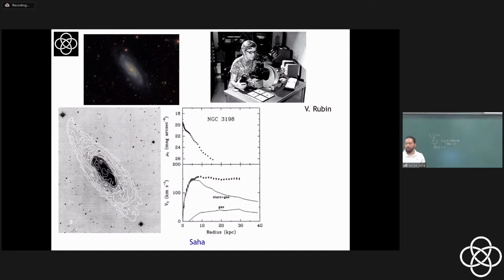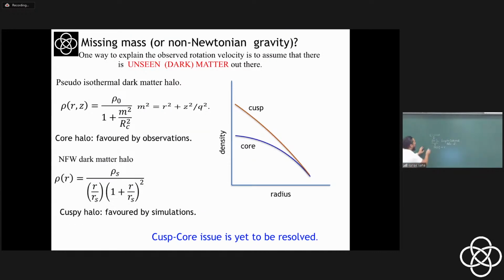So this has been modified to look like rho equals rho naught by 1 plus, in a simplified way, r square by rc square. So rc is some kind of a core radius. For r less than rc, the density is almost like rho naught.